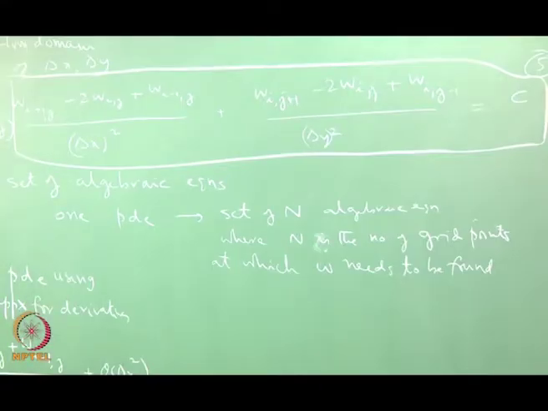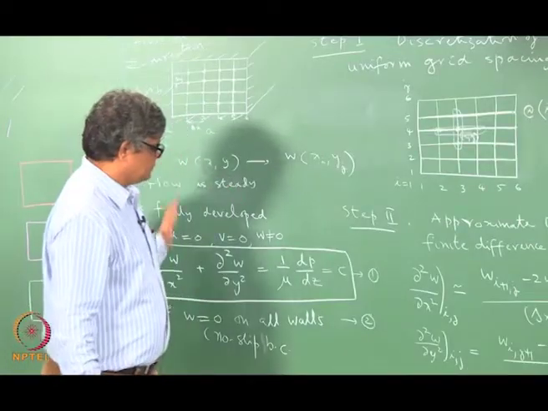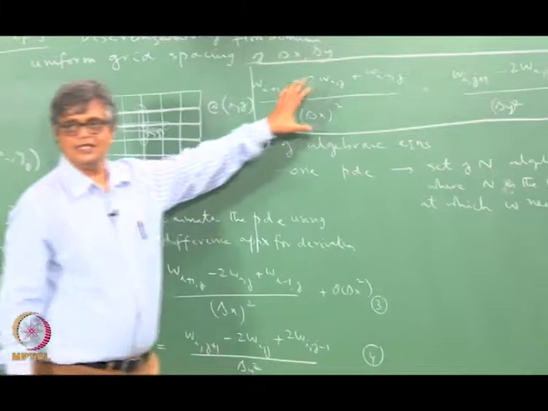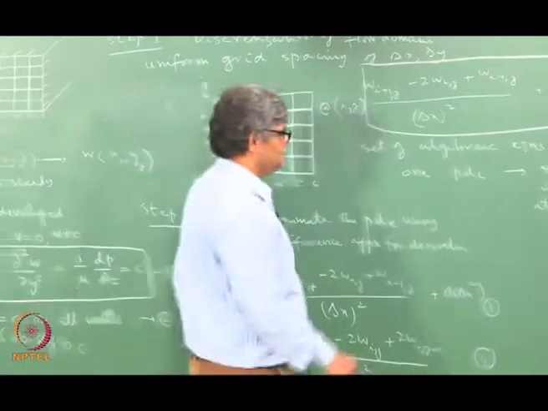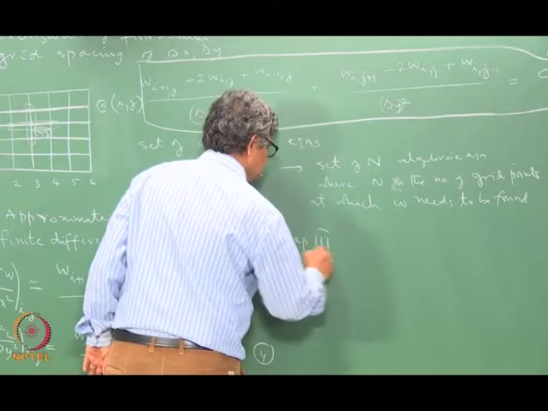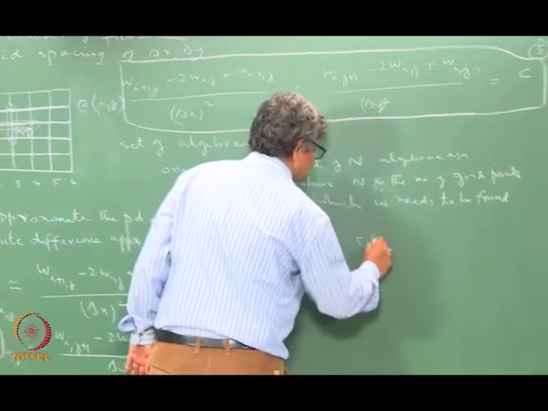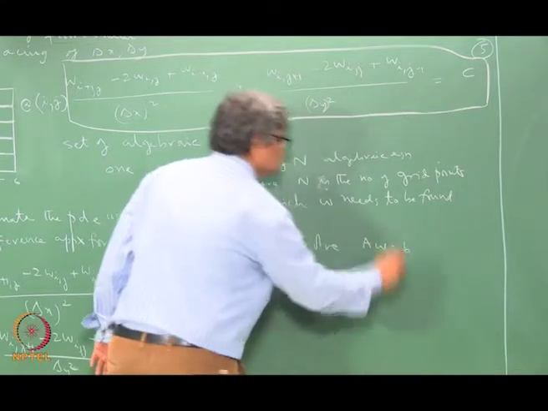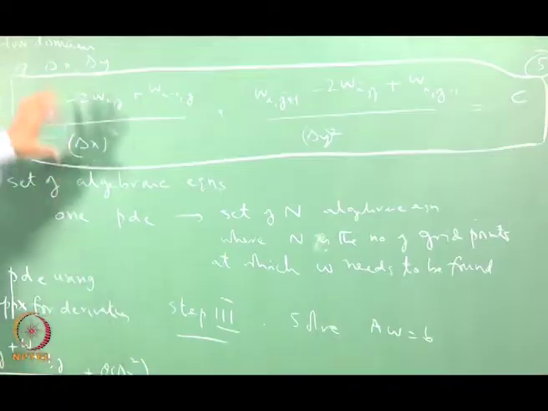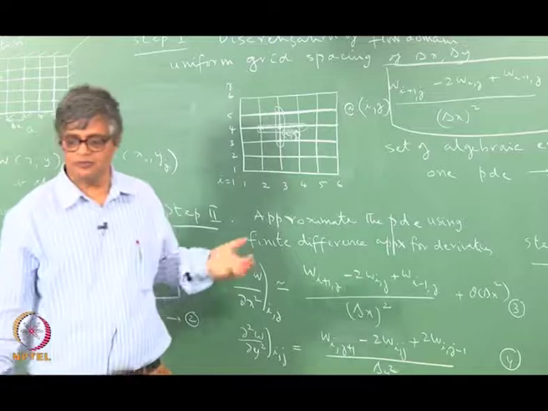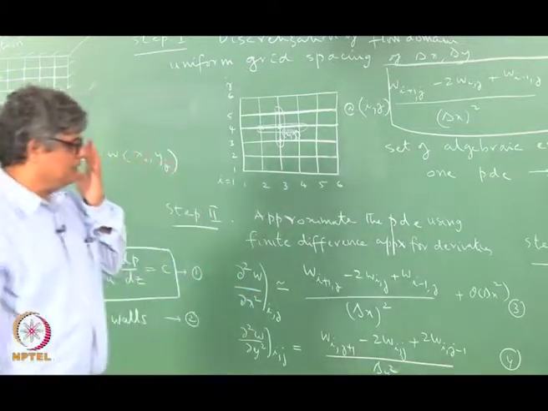Okay. So, the second step involves conversion of the partial differential equation into a set of n algebraic equations, and the third step is just to solve AW equal to B, that is, solve the set of algebraic equations, which we are relatively familiar with.